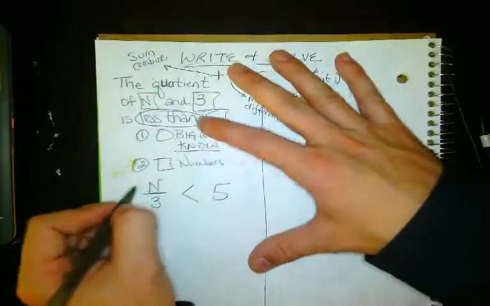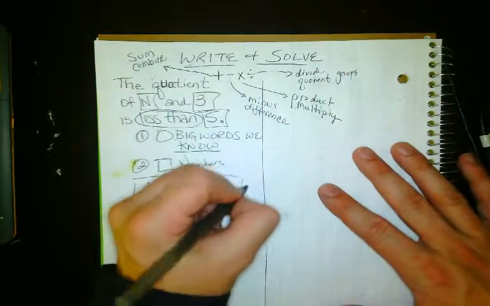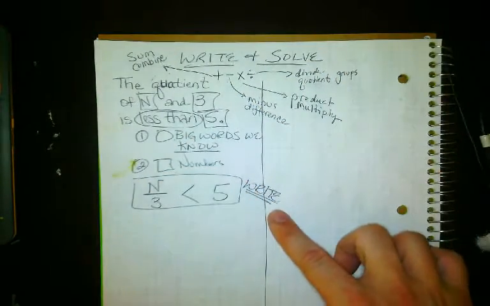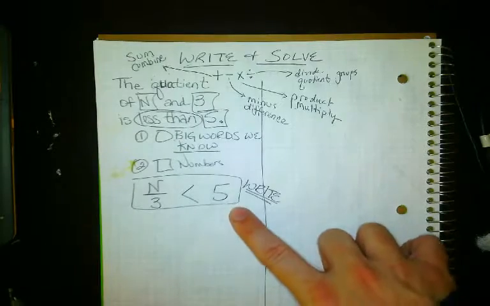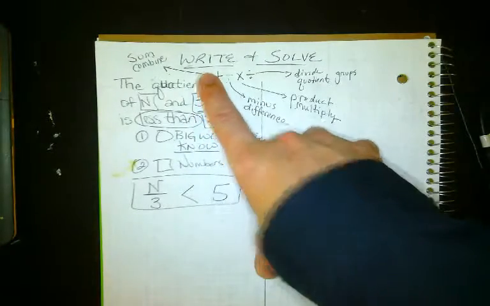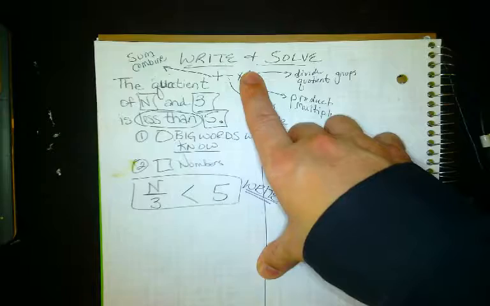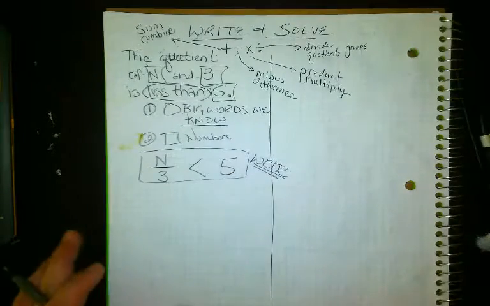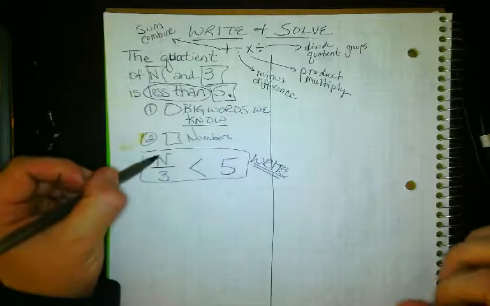So this step right here, box it in, and we're going to say we are writing. This is escriba su ecuación. Pero las direcciones se escribe y resuelve. So resuelve esta ecuación por n.